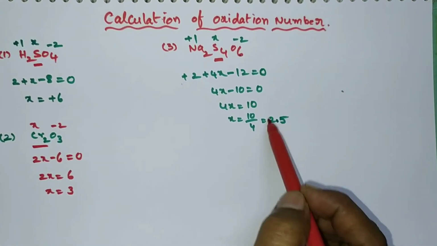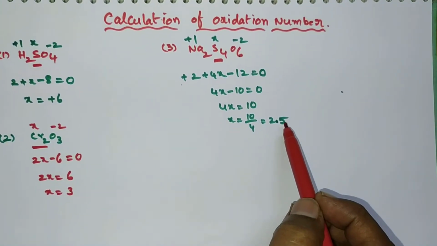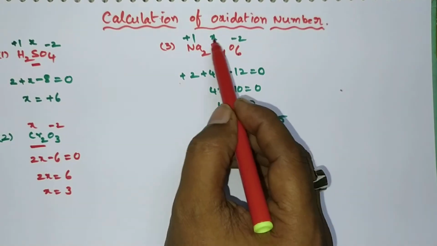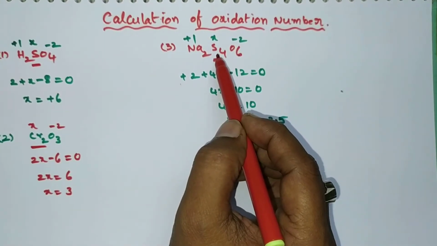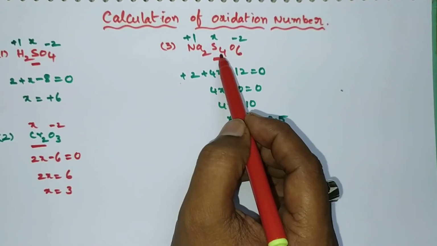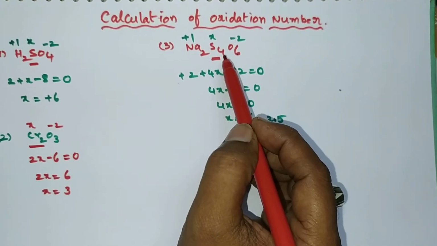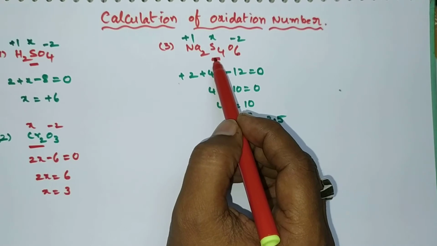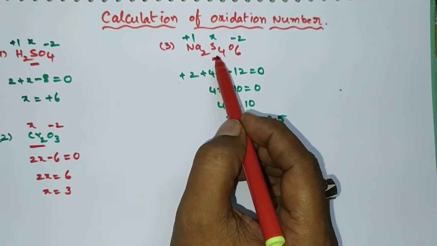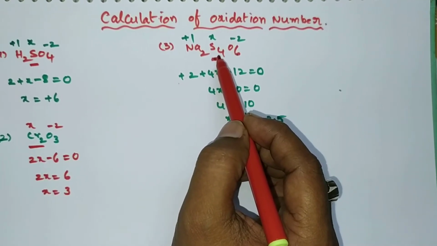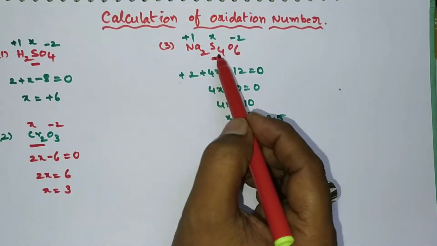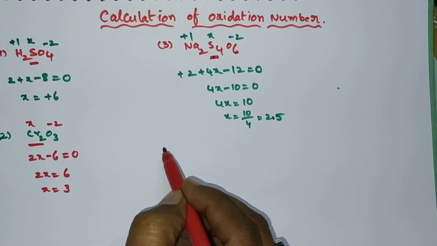Now we have to consider the exact oxidation state of each sulfur. Later we will discuss a trick to calculate the exact oxidation state of individual sulfurs, since each sulfur will exhibit a different oxidation state.